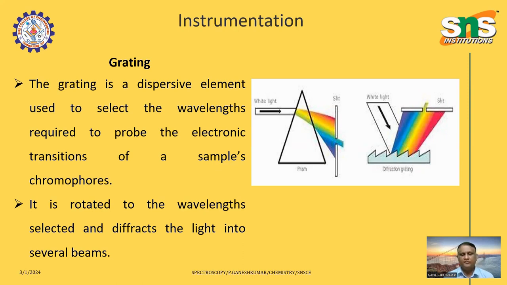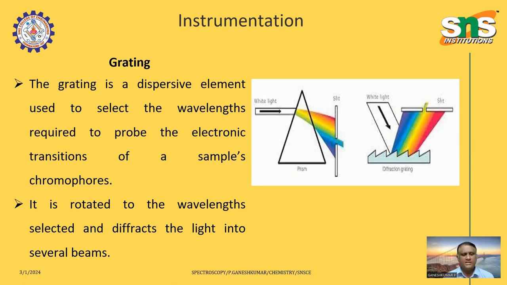In the same way, the diffraction grating works. When white light falls on the diffraction grating, the colors get dispersed, just like in dispersion. And with the help of a slit, we can select the wavelength we require.